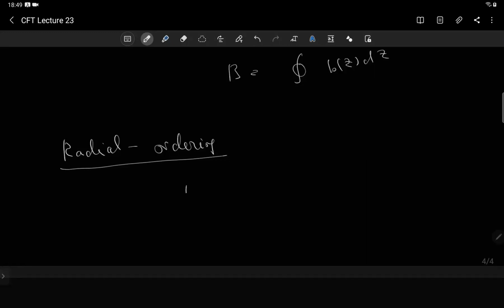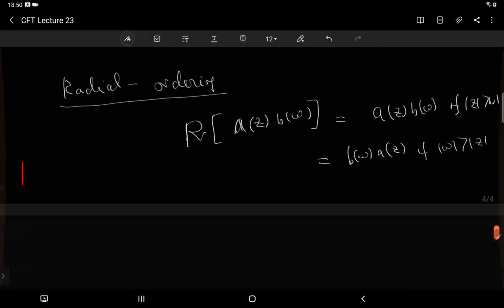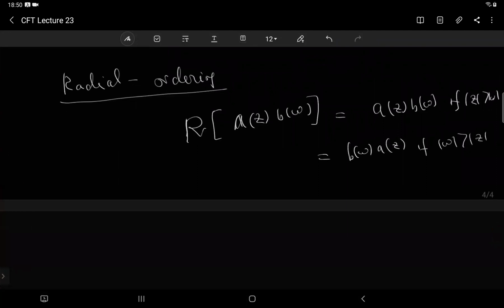We call it radial ordering, defined by the symbol R. If we have two operators A(z) and B(w), the radial ordering of these two operators is given by A(z)B(w) if mod z is greater than mod w, and it is given by B(w)A(z) if mod w is greater than mod z. It is just like time ordering, but here the time is the radius, so we talk about the length mod z and whether it is larger.